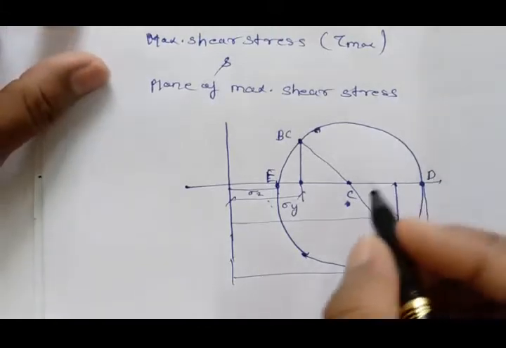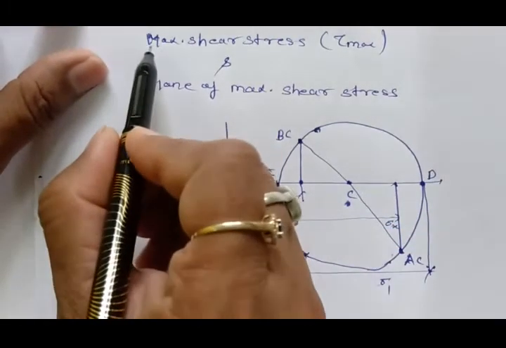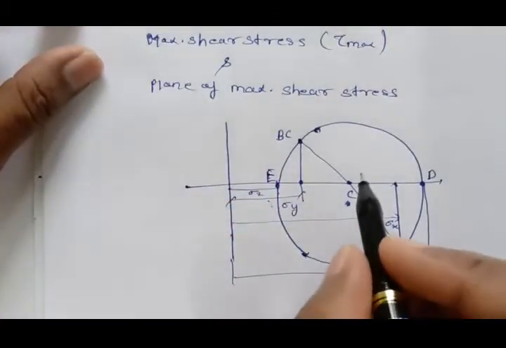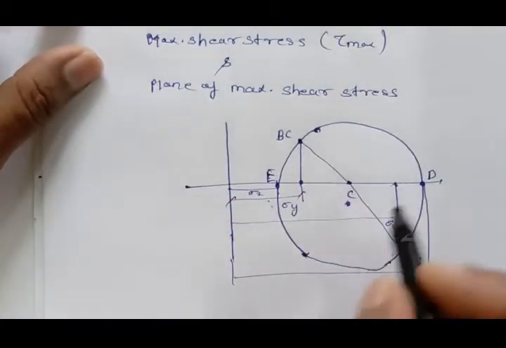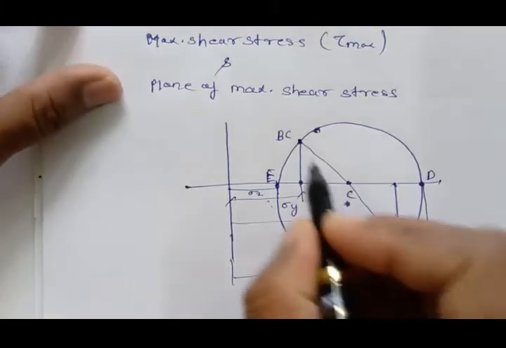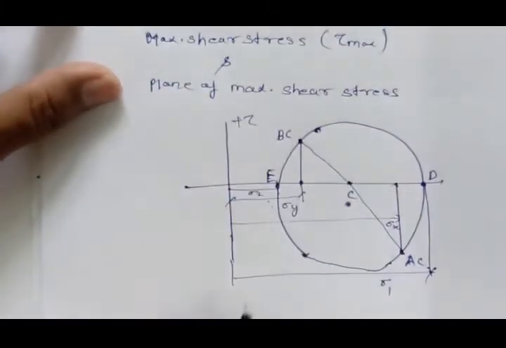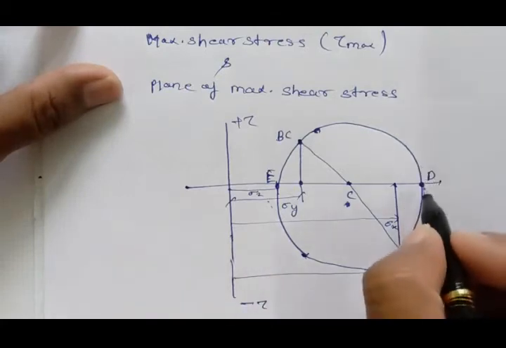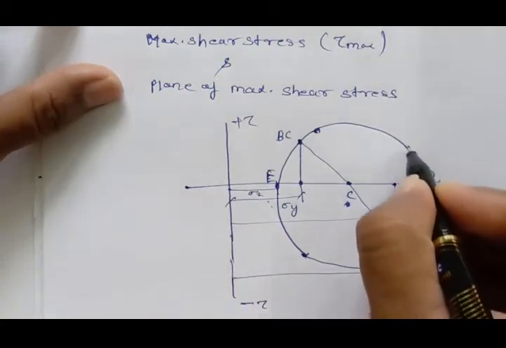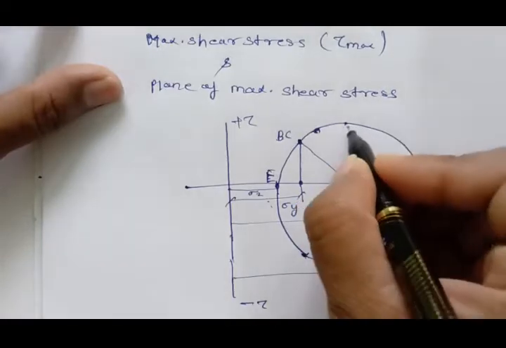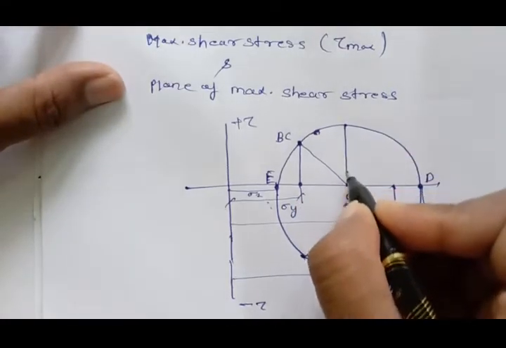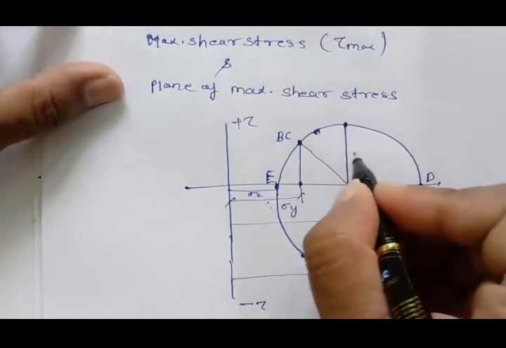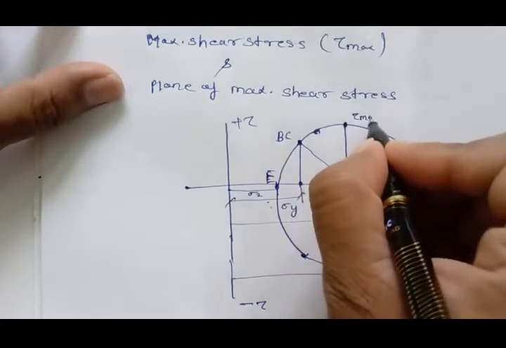And suppose we want the maximum shear stress. The maximum shear stress will be at the topmost point of this circle. The vertical axis is tau, it shows the shear stress. So from this point if you go here, this is the actual point where the maximum shear stress will be, and from here to here this will be tau max.